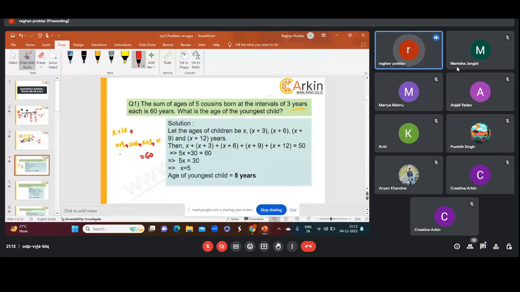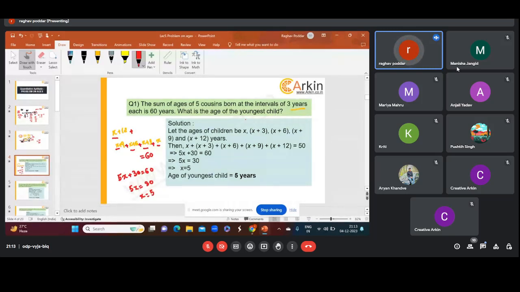How do I add it? I add all the x's, so it comes out to be 5x plus 9 plus 6 plus 3 plus 12. That comes out to be 30, is equal to 60. Now 30 goes this side, so it becomes minus. So 5x is equal to 30, so the value of x is equal to 5.